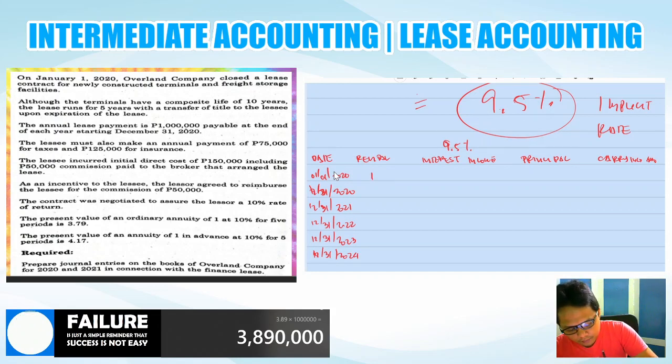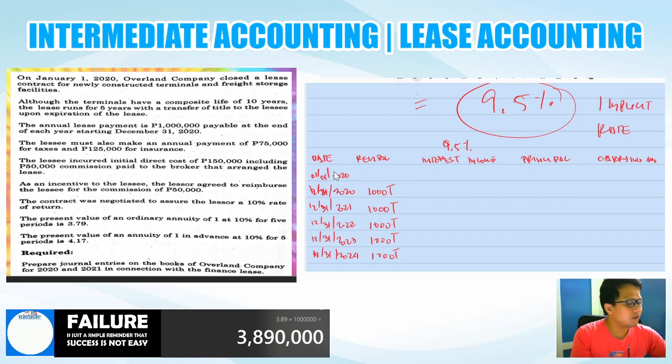Rental is 1 million, 1 million, 1 million, 1 million, and 1 million. Okay?